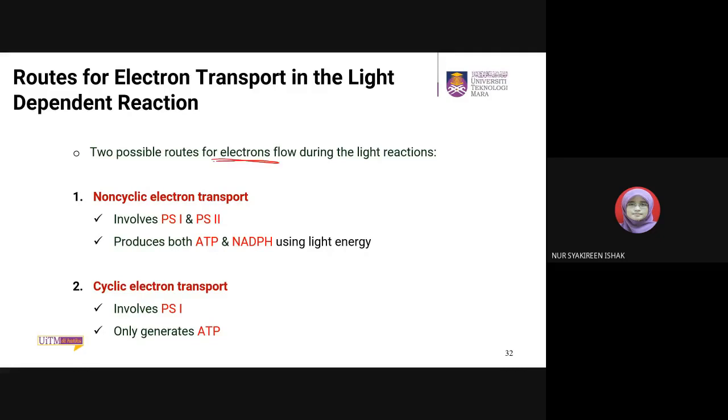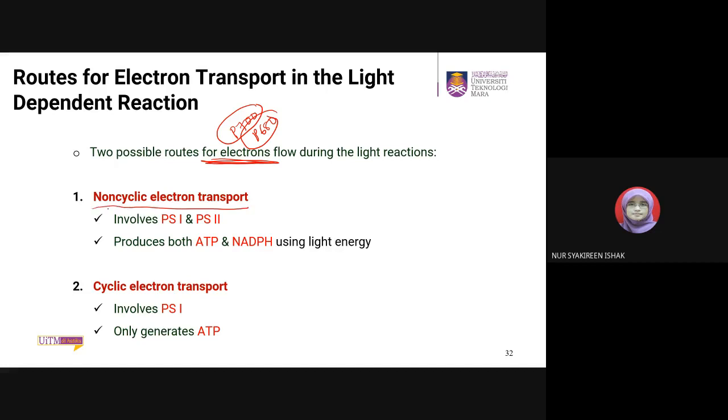So these electrons, okay, come from the P700 and also P680. Okay, as the result of both chlorophylls absorbing light energy, the electrons will be energized. All right. So for the flow of electrons, there are two flows or routes.